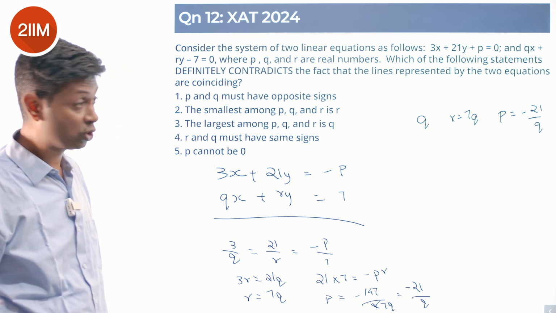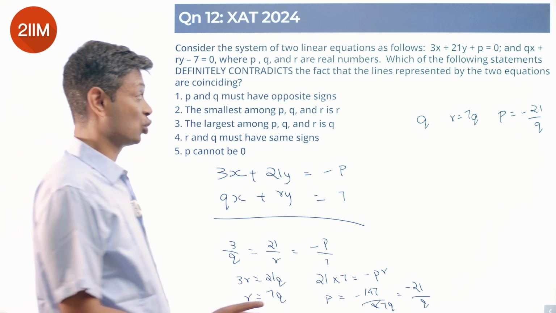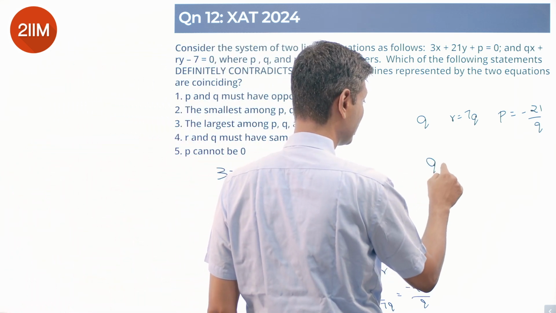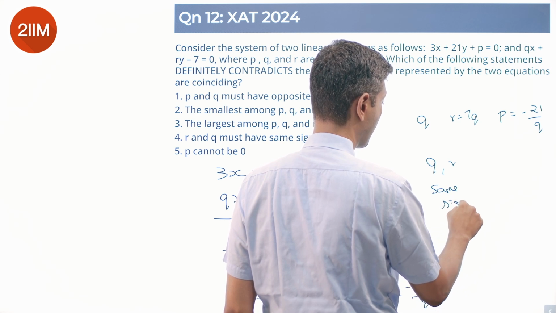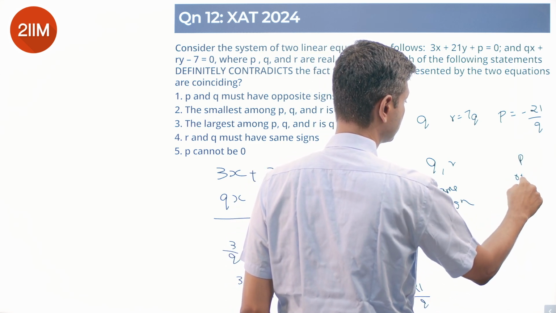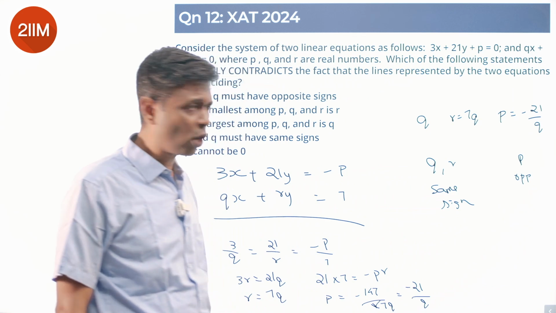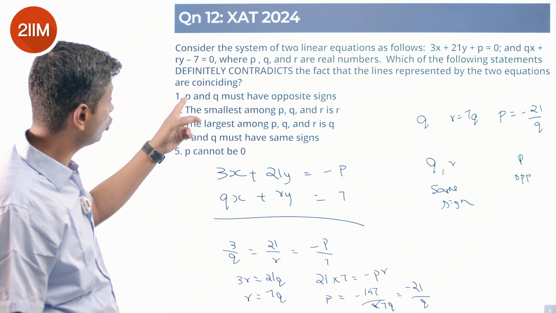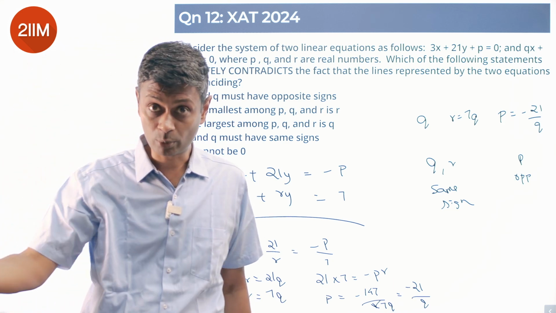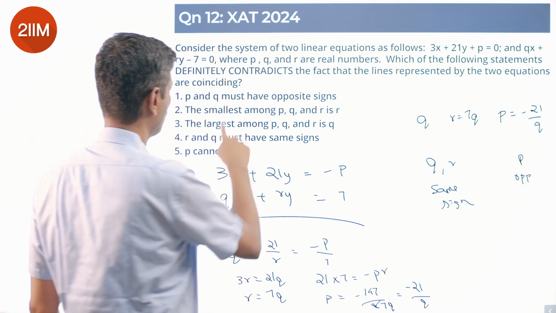Yes, they must have. So this won't contradict. And so Q and R have the same sign. P is opposite. So if P and Q have opposite signs, yeah, this could work. So this doesn't contradict that. If this had been P and Q must have the same sign, then we can say it's not possible. And so it's not contradicting that.